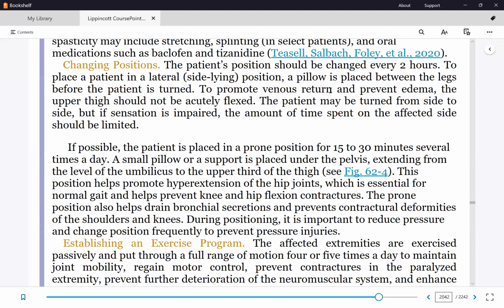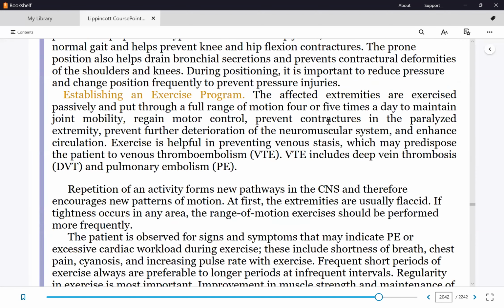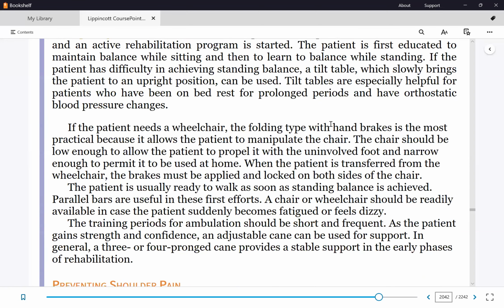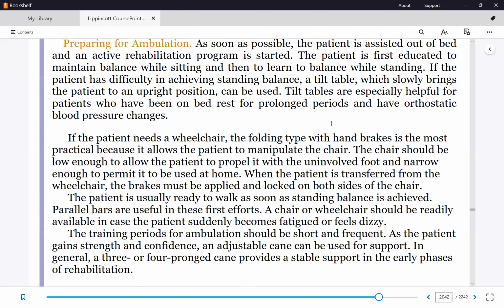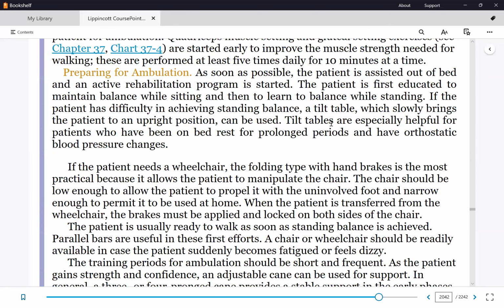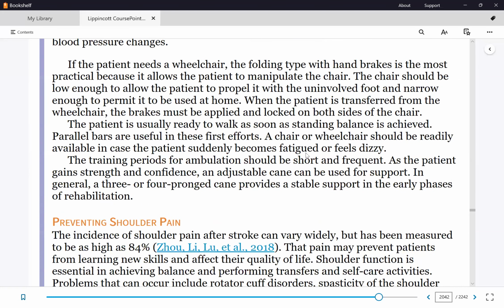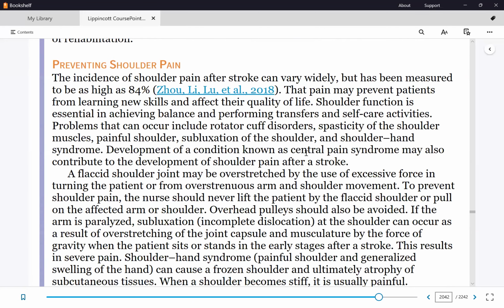Changing positions, of course, for DVT and pressure ulcer prevention. Exercise program. Ambulation, we're not responsible for this. It's really the physical therapist, but it doesn't hurt if you remind them to maintain the exercises they were taught.